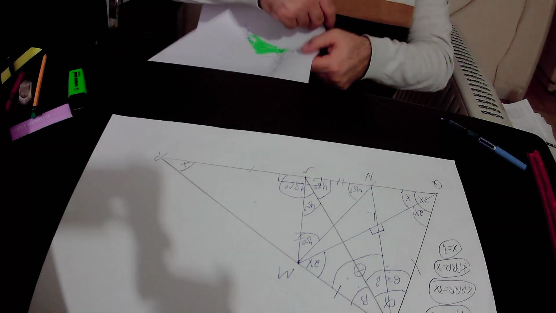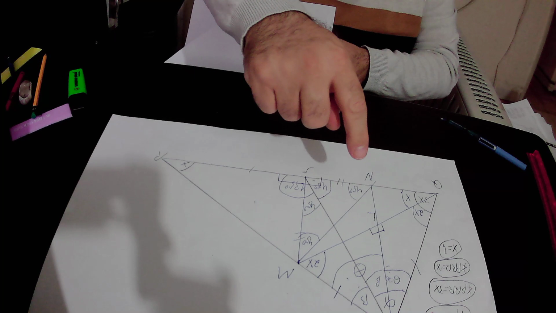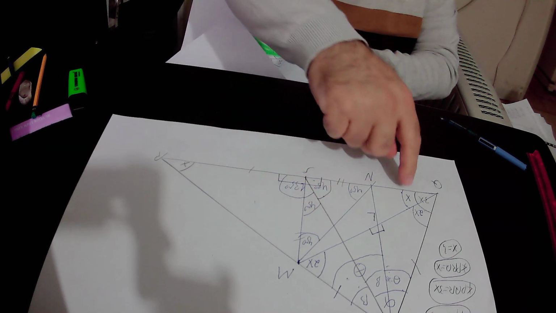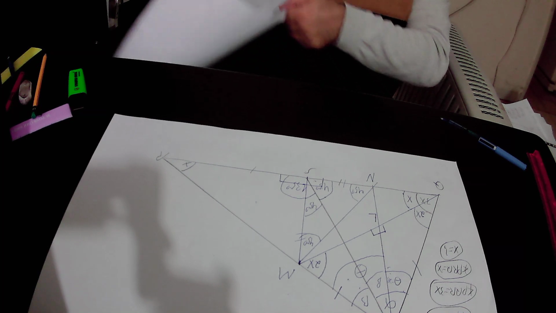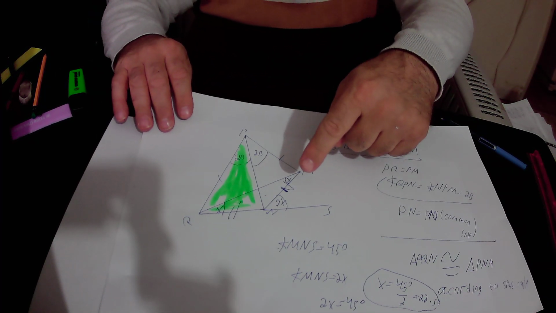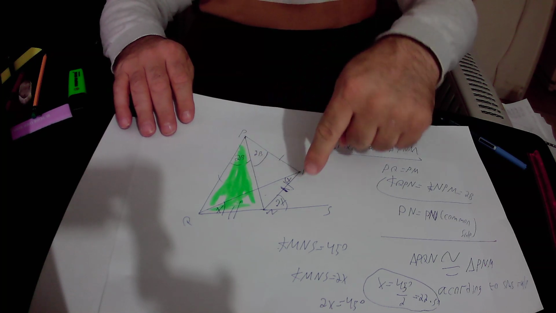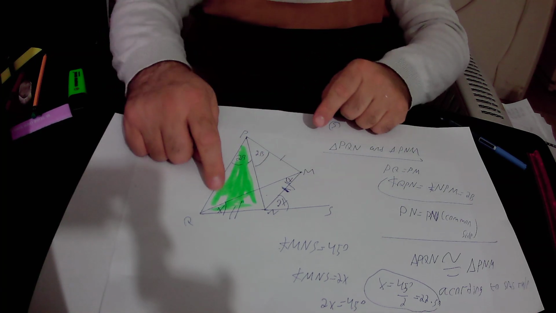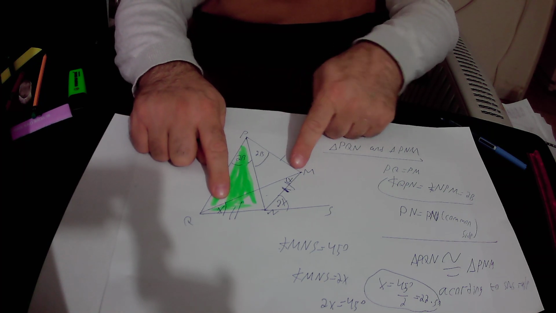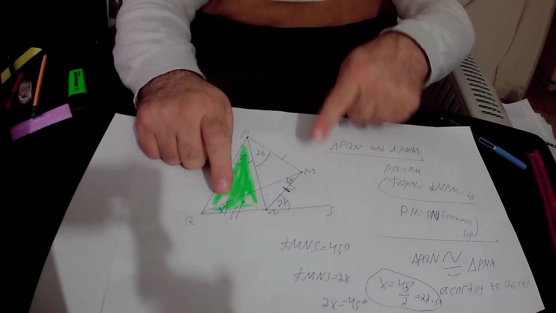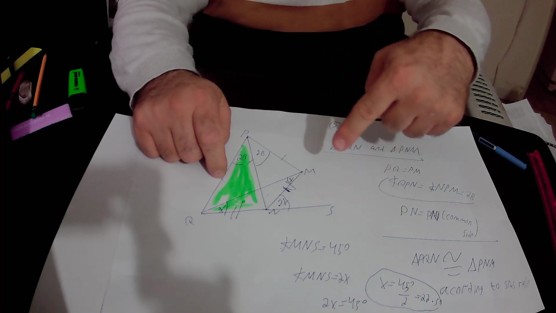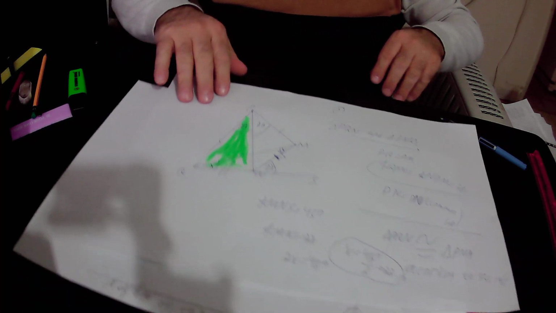You can see here, angle QMN equals x, therefore this angle must also equal x. So those two angles are equal to each other because of the fact that those two sides are equal to each other. We have already found out that angle MNS equals 45 degrees.